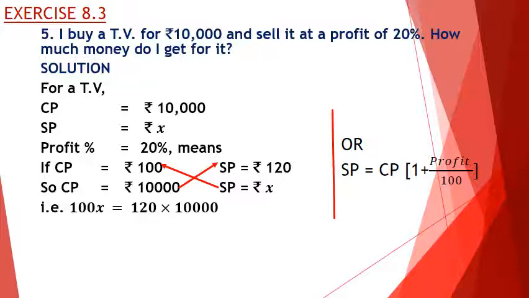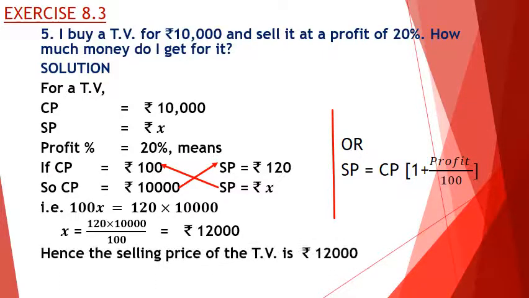So 100 into X equal to 120 multiplied by 10,000. Therefore, X equal to 120 multiplied by 10,000 whole divided by 100. Two zeros you can cancel from numerator and denominator, and multiplying you will get the answer as 12,000. Hence, the selling price of the TV is rupees 12,000.